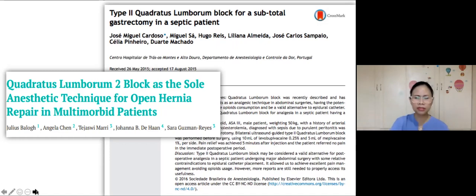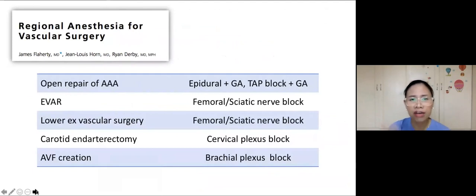Okay, what about vascular surgery? Vascular surgery in itself is a high-risk procedure. Patients given a block for vascular surgery, this paper explains, would benefit a lot. So for example, AVF creation. Before, AVF creation was just done locally.